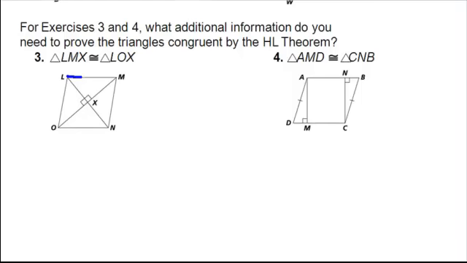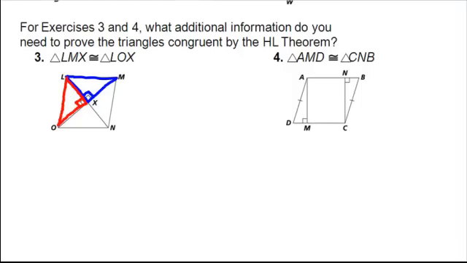I'm going to highlight LMX. I could definitely have a right angle right here. Congruent to triangle LOX. I'm going to highlight triangle LOX. I definitely have a right angle here. How would I prove these triangles congruent?